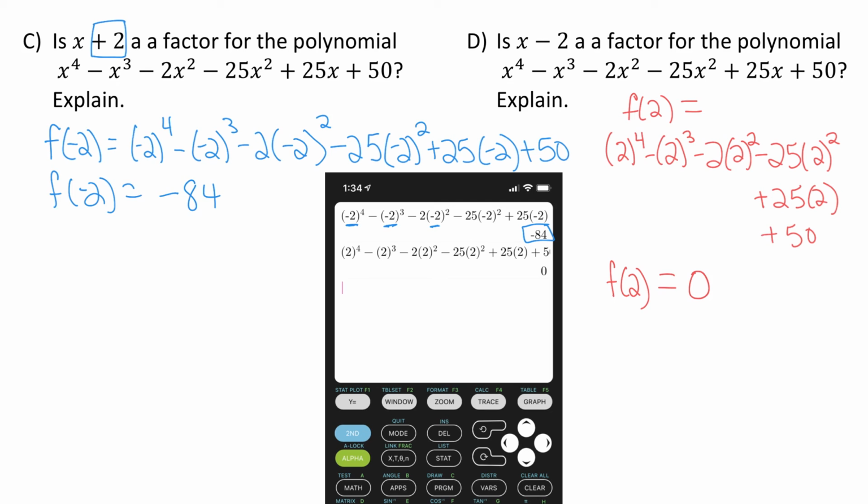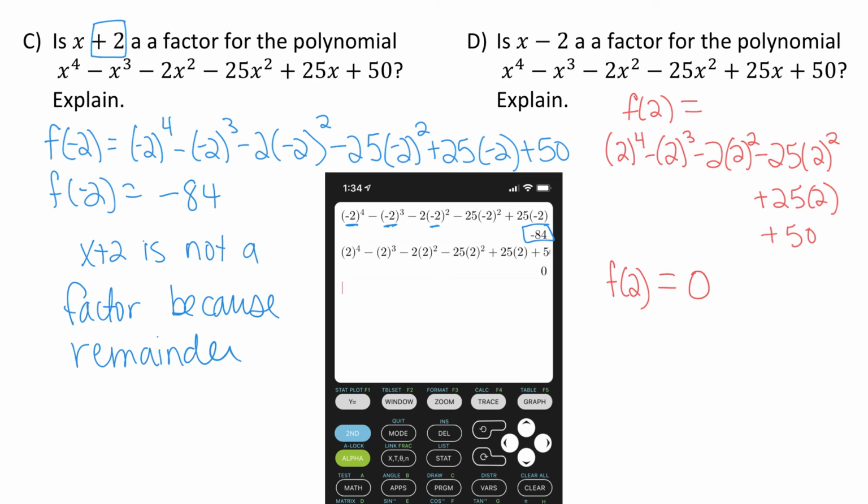So that means that x plus 2 is not a factor because the remainder is not 0.